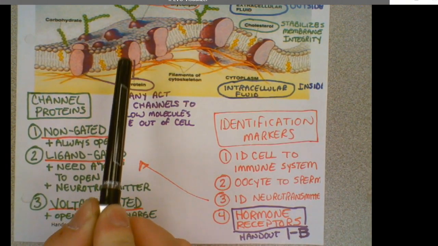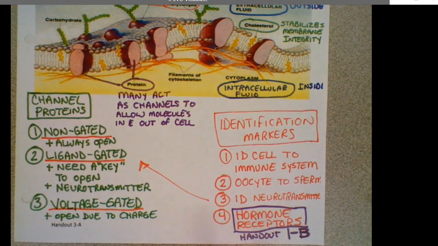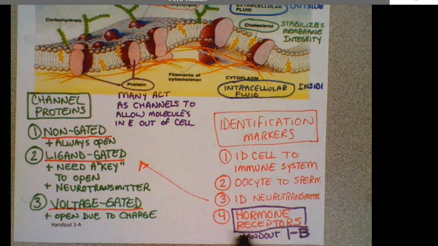So it can open up that channel protein. The last example is identification markers are also hormone receptors. So our hormone receptors are going to detect what cell the hormone needs to affect.